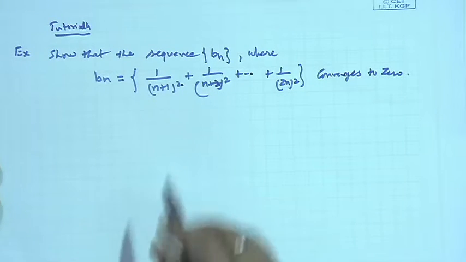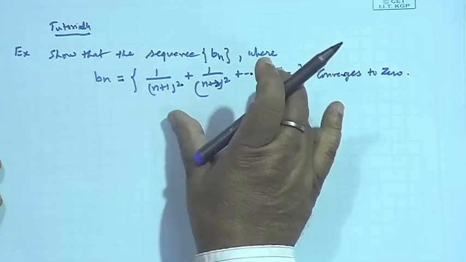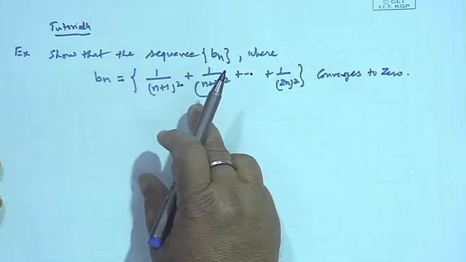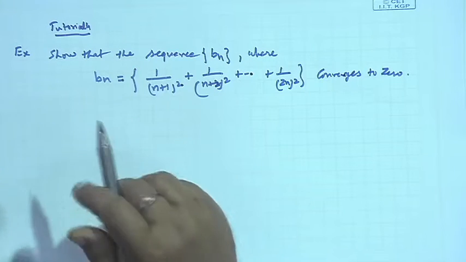So, this is the question. This is one term of the sequence, and as n tends to infinity, the sequence converges.